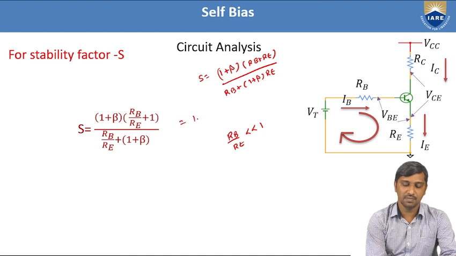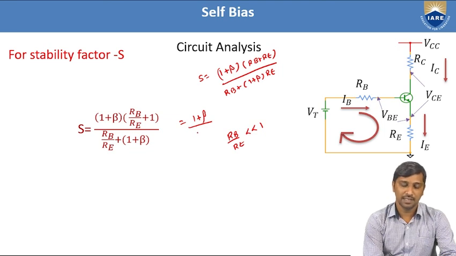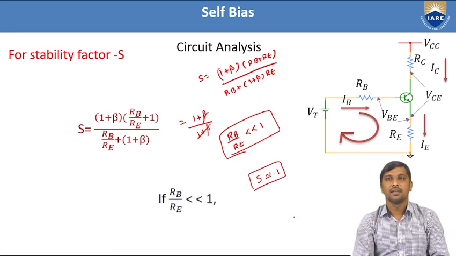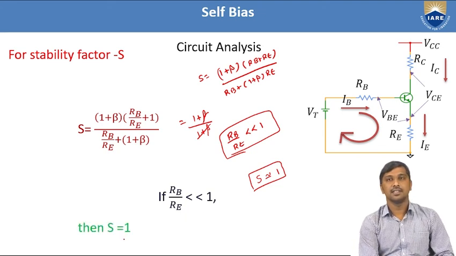Since 1 plus beta is always greater than 1, the RB by RE term is very small compared with 1 plus beta, so the denominator also becomes 1 plus beta. Under this condition, the stability factor is approximately equal to unity. So if the RB by RE ratio is much less than 1, the stability factor approaches unity.